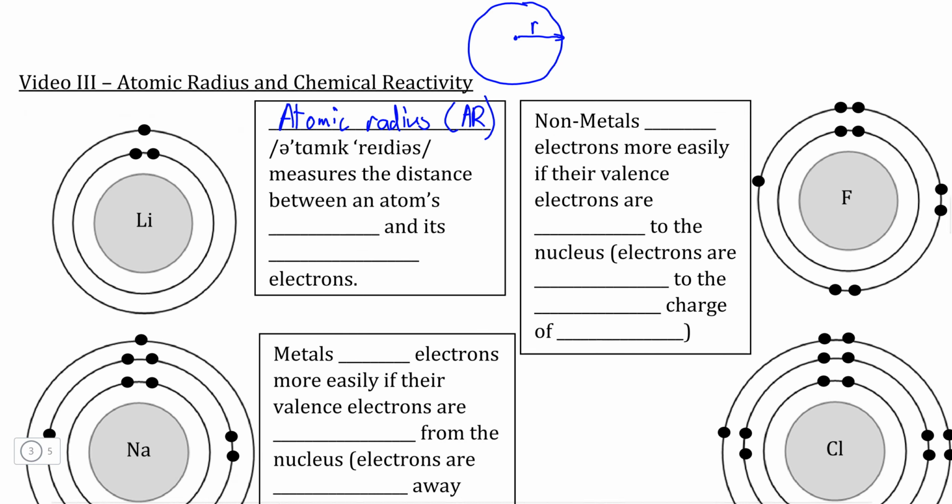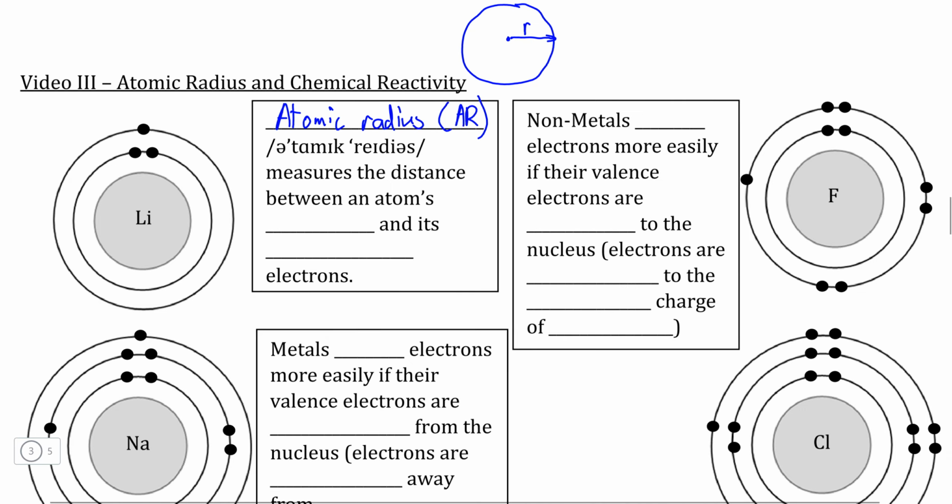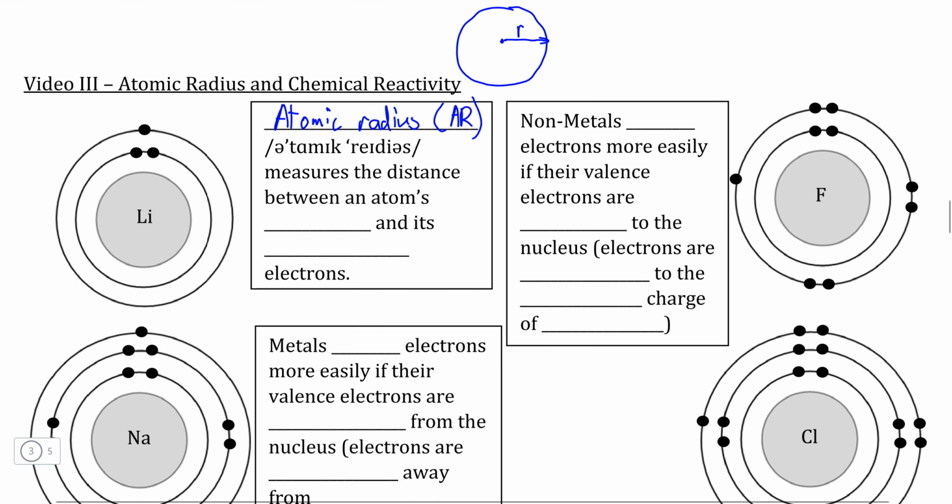So if we take a look at the structure of lithium here, we can indicate what the atomic radius of lithium is by drawing a straight line from the center of lithium's nucleus, which is, of course, where all of the protons of the element are located. More on that significance later.